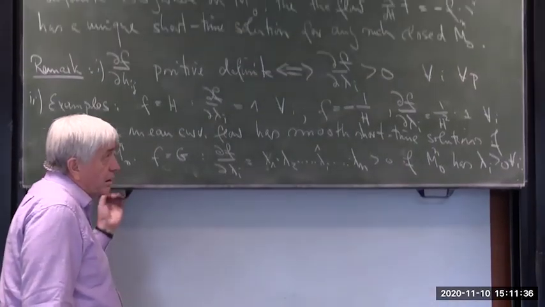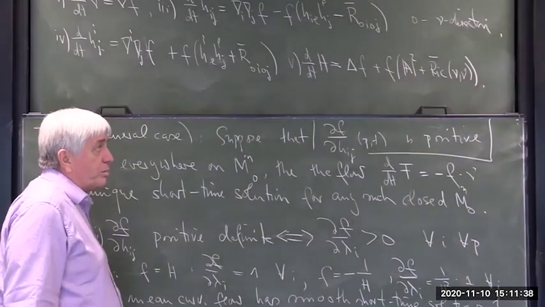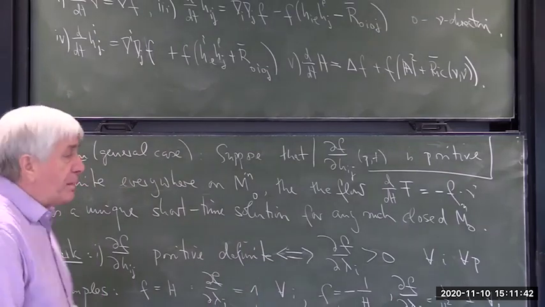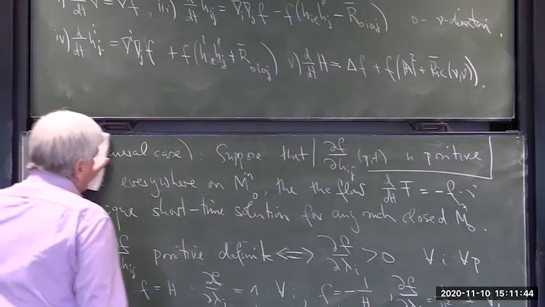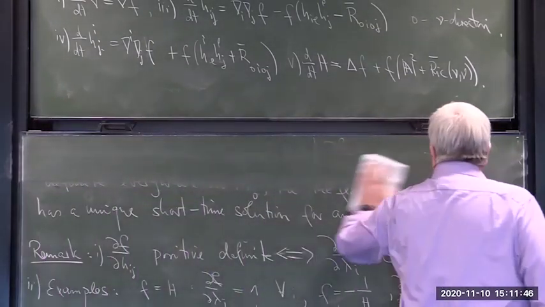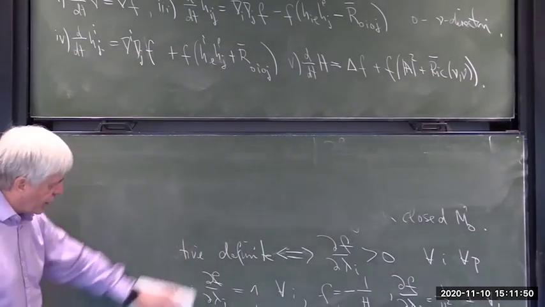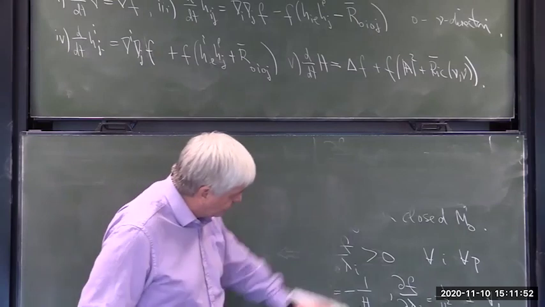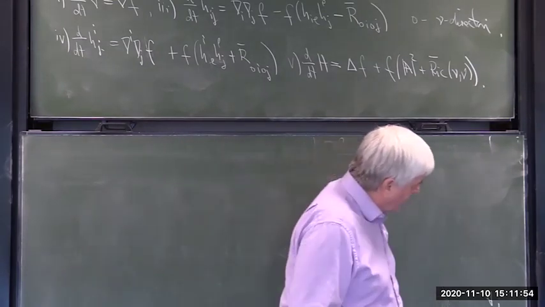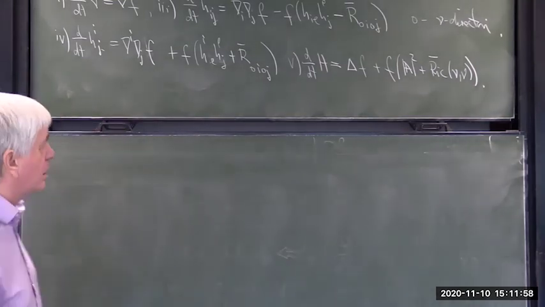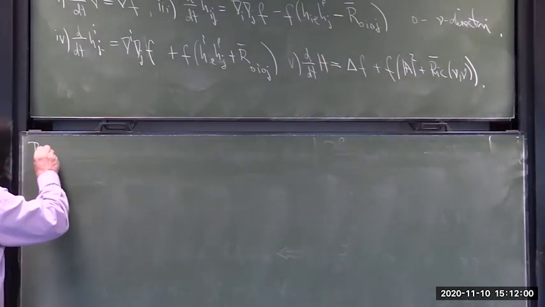You've seen in that other lecture how to prove this theorem in the special case of f being the mean curvature. Let me just say what changes, actually not much. So proof ideas.